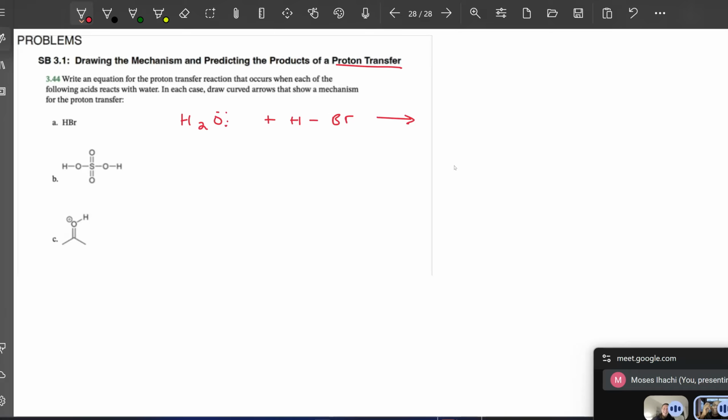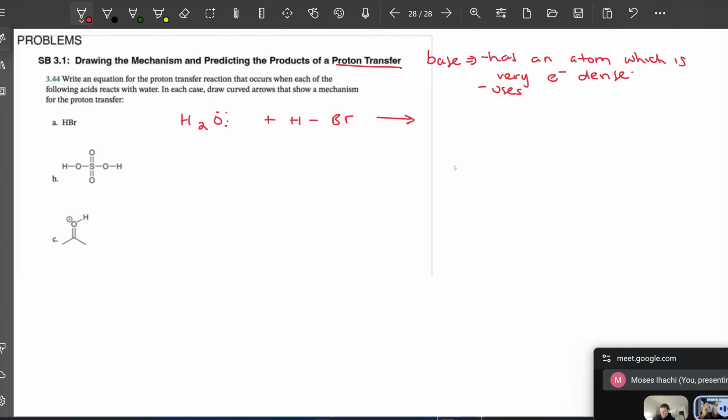So now let me give you a basic definition. A base usually has an atom which is very electron dense.